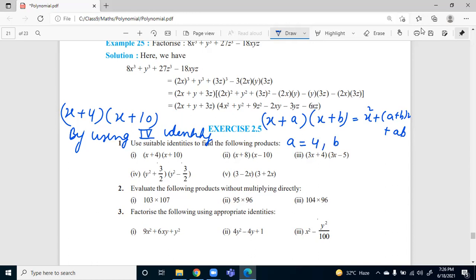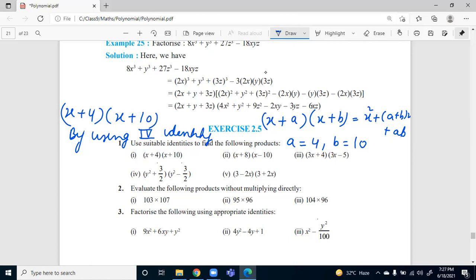Ayan, what is the value of B? Ma'am, can I tell? Yes, Divyansh, you tell. Ma'am, the value of B is 10. You are correct. Value of B is 10.